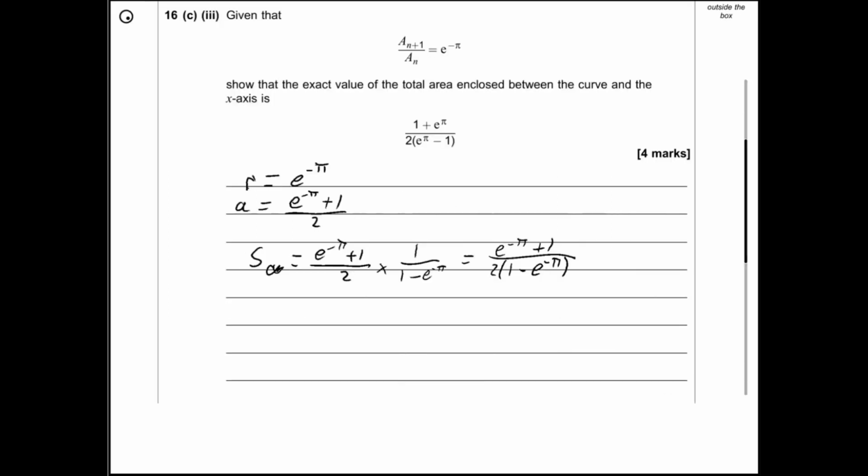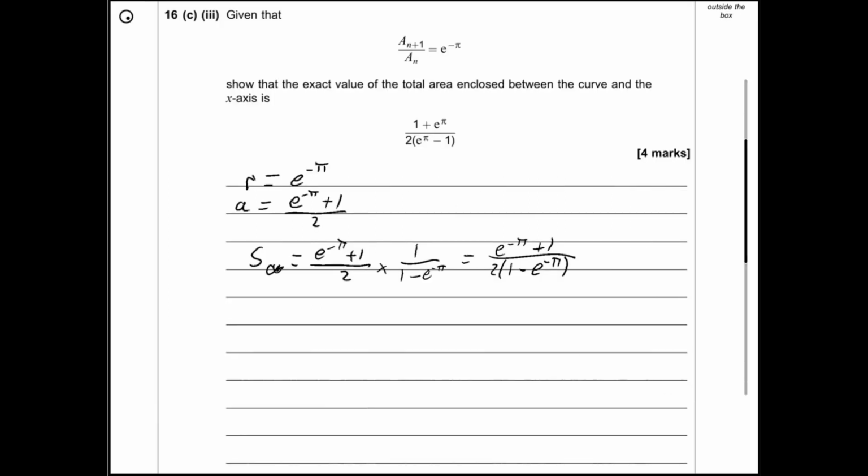It doesn't quite look like what we need yet, so let's rearrange these e to the minus pi's. 1 plus 1 over e to the pi, we've got 2, over 1 minus 1 over e to the pi.